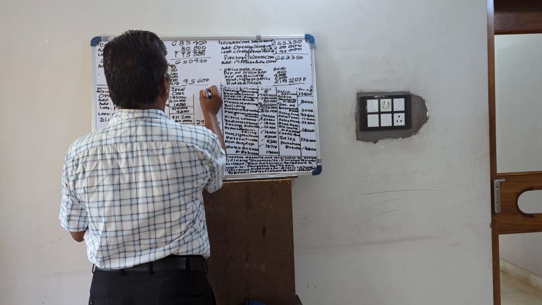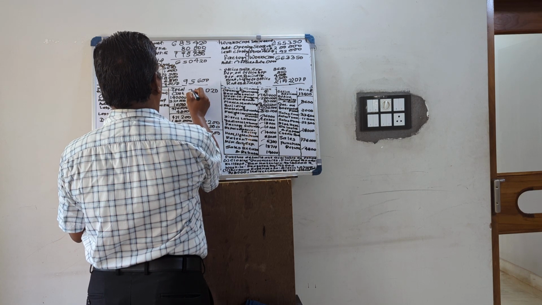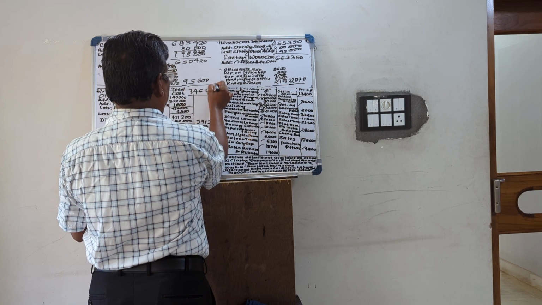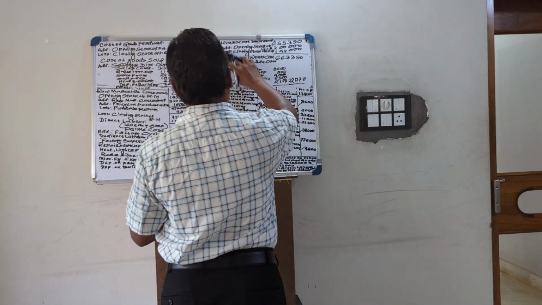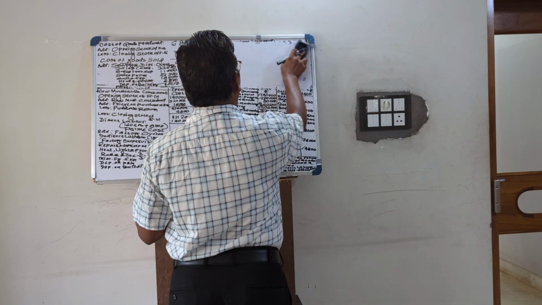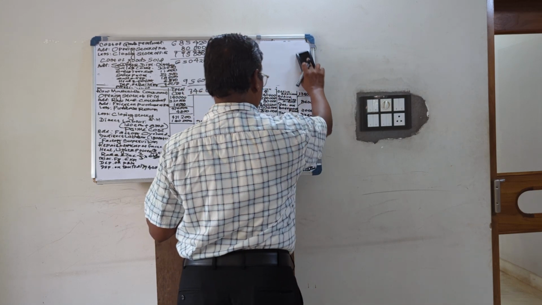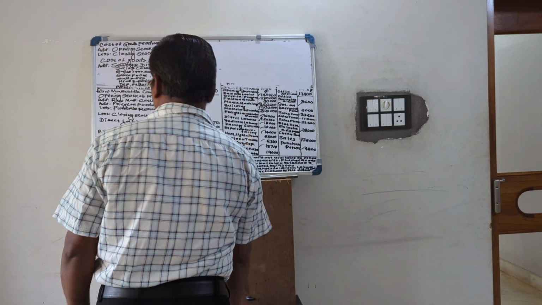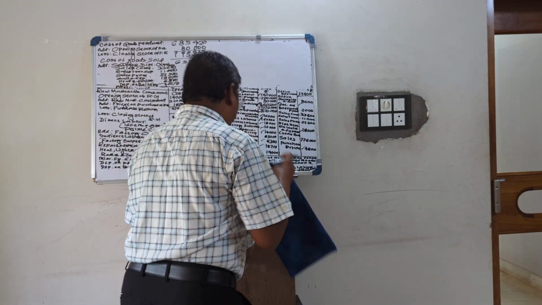So amount is 7,46,020. So we will calculate the profits. We will prepare one statement of profits.